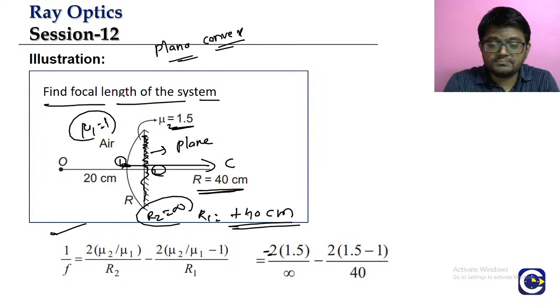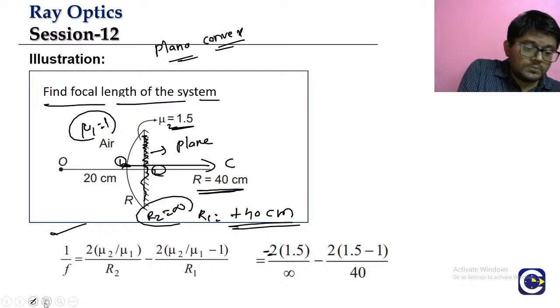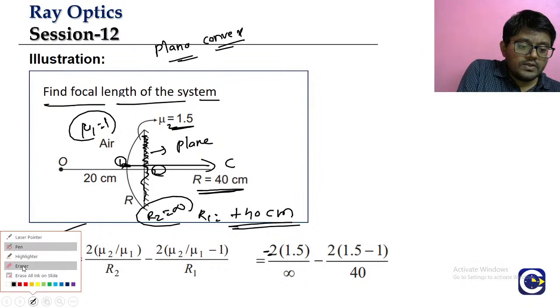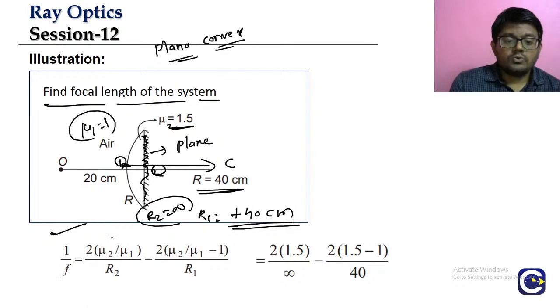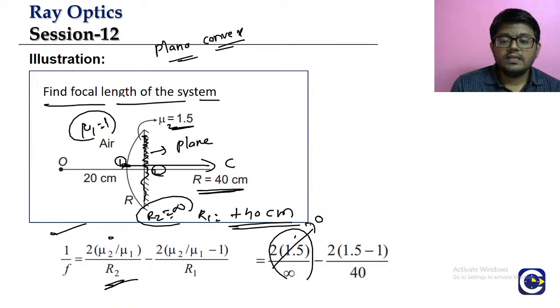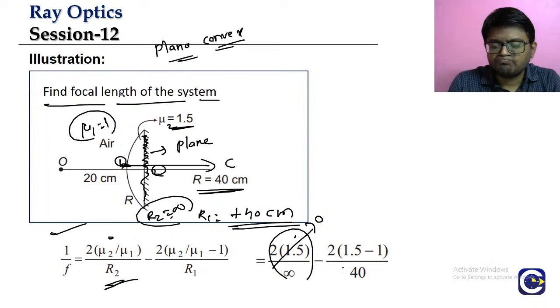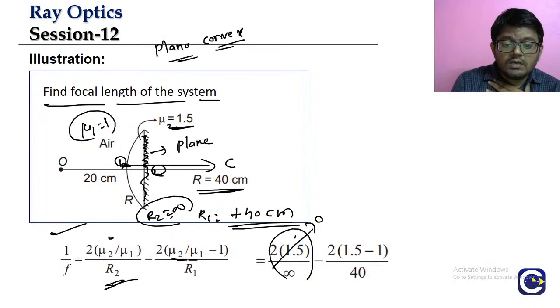So 2 into mu 2 by mu 1, 1.5 by 1 means 1.5. 2 into 1.5 divided by R2, which is infinity, and anything divided by infinity is 0, minus (2 into 1.5 minus 1) divided by R1.